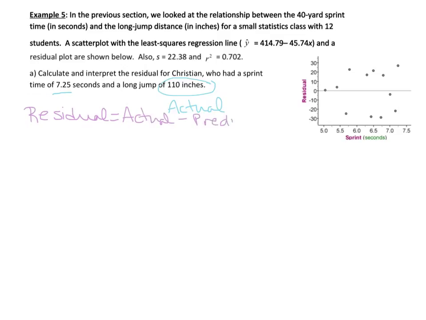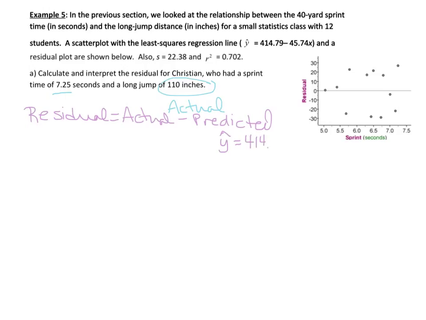So we're trying to find the residual. We know the actual. In order to find the predicted, we are going to use the equation that they gave us. They give us that y hat equals 414.79 minus 45.74 times x. In this case, my x is my sprint time, which is 7.25.